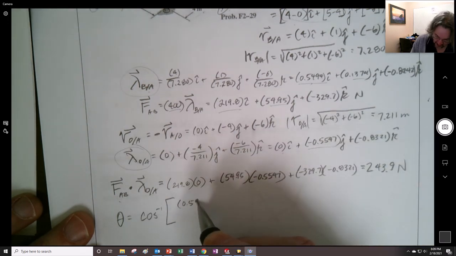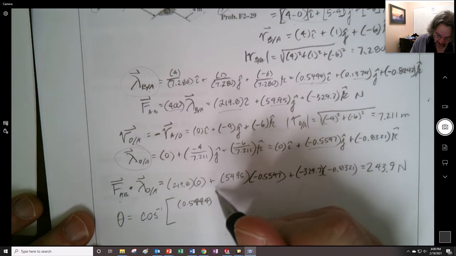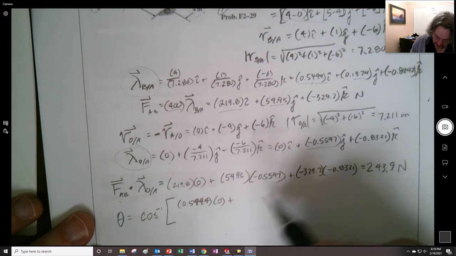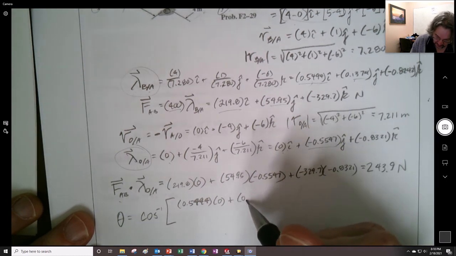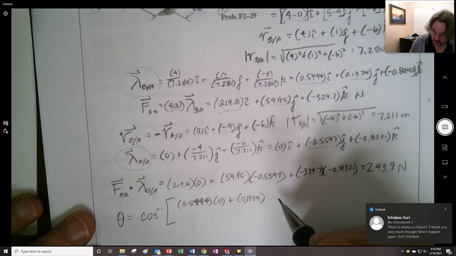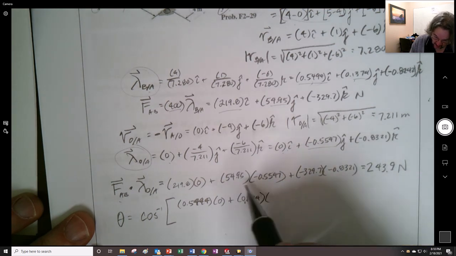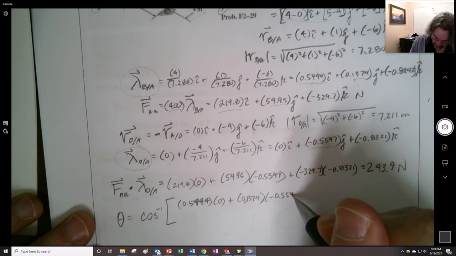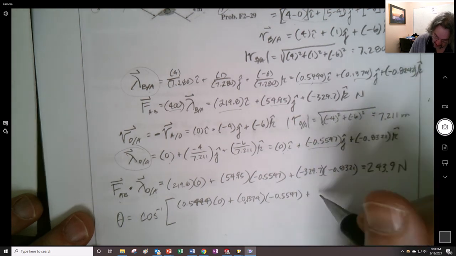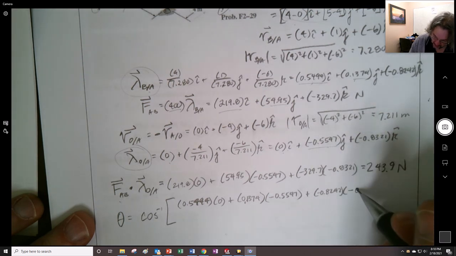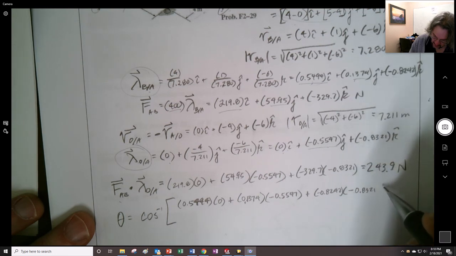We have 0.5494 right up here times 0, and then add 0.1374 times negative 0.5547, and then take the negative 0.8242 and dot it against the negative 0.8321, right?